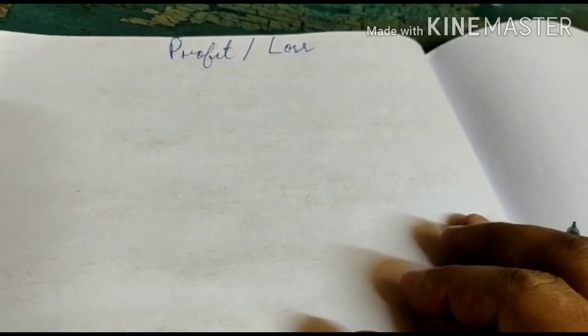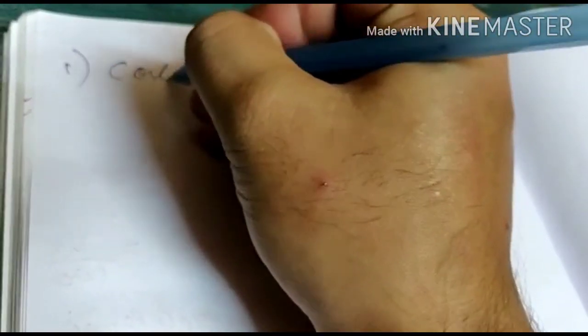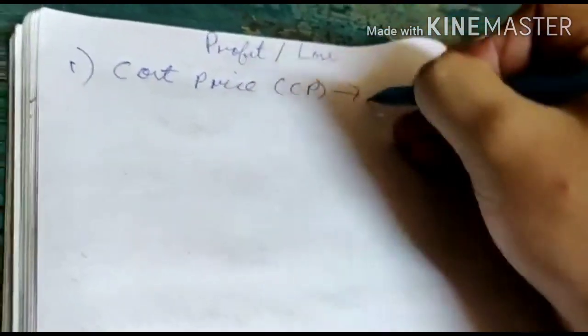On profit and loss. So what are the basic terminologies that we should understand in this part? Our first point is cost price, which we call CP. What is it?